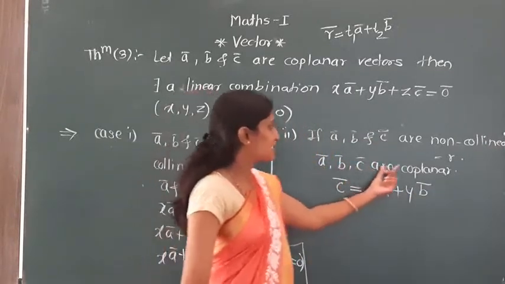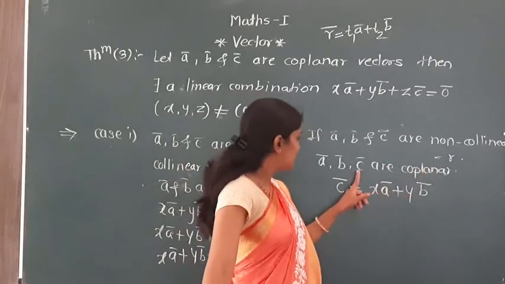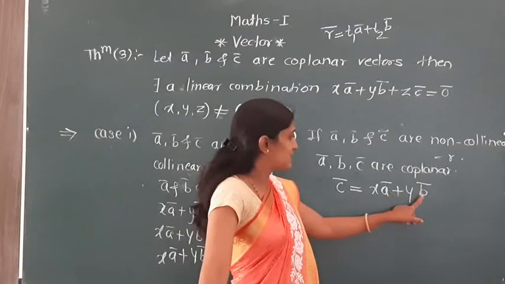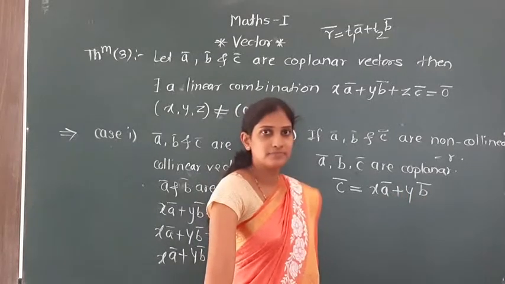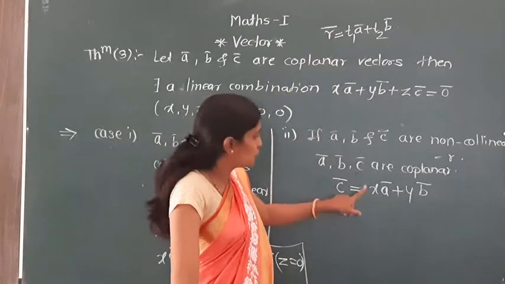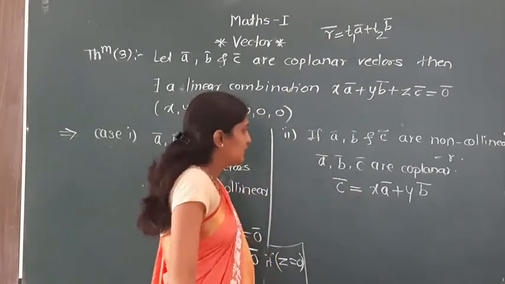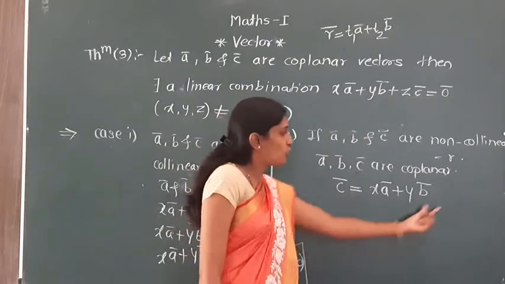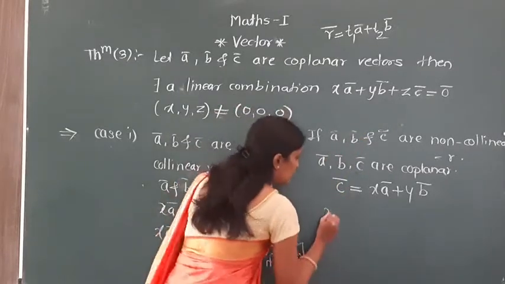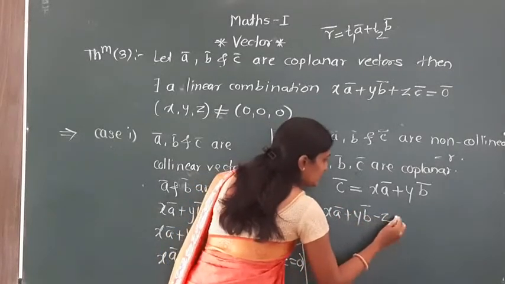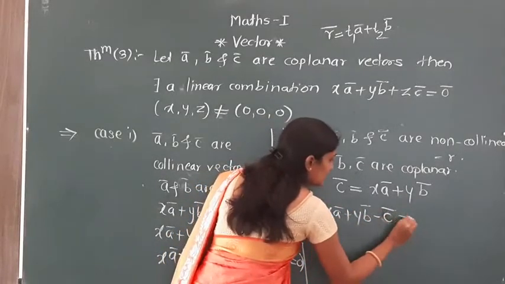If three vectors are coplanar, then the third vector C bar is equal to X A bar, scalar into vector plus scalar into vector, by using the second theorem. For that we take C bar on this side. So X A bar plus Y B bar minus C bar is equal to 0.